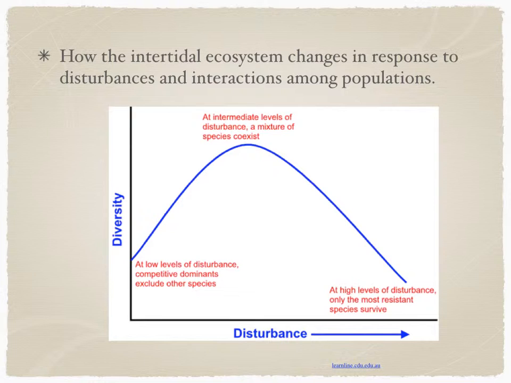Too much predation will cause only the most resistant species to survive, leading to low biodiversity. Too little predation, only the competitive dominant species exist, excluding other species. An intermediate level of predation allows a mixture of species to coexist.